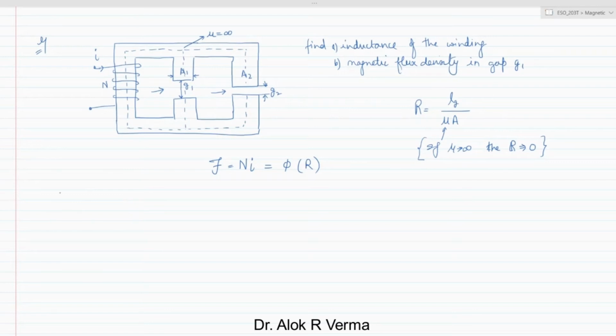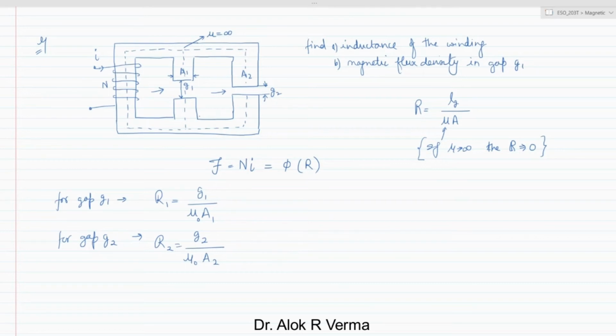For gap G1 we have reluctance R1, which is nothing but gap length G1 by mu naught times A1, since it is an air gap, free space. Similarly for gap G2, the reluctance R2 is G2 by mu naught times the cross-section area A2.